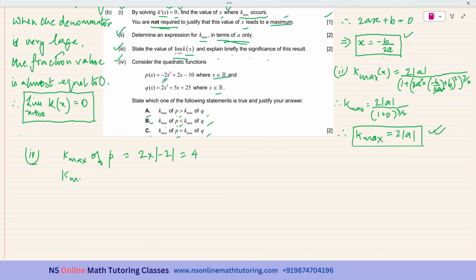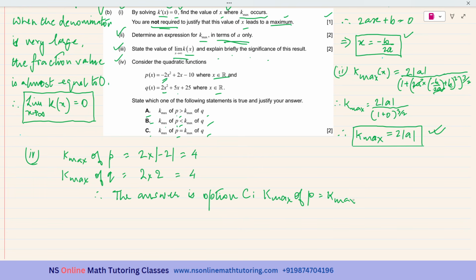And k max of q is equal to 2 times, it is 2. Absolute value of 2 is 2, so I am writing 2. This is also equal to 4. Okay. So therefore, the answer is option C, k max of p is equal to k max of q.